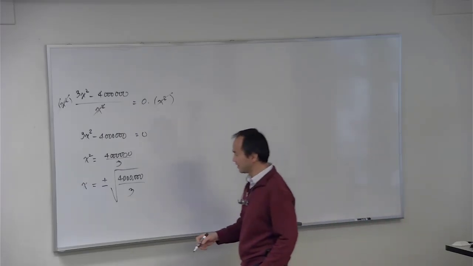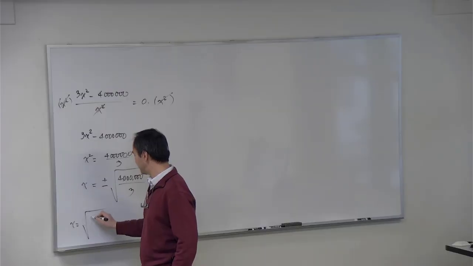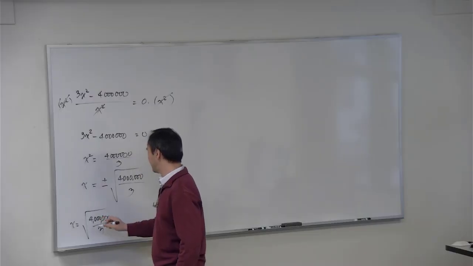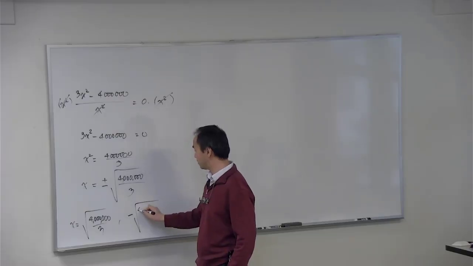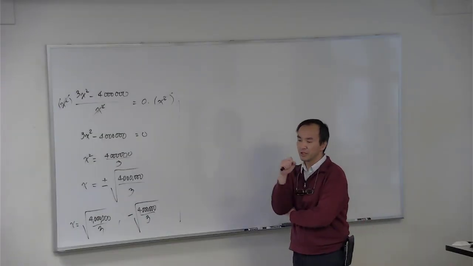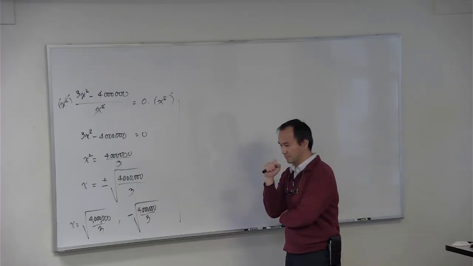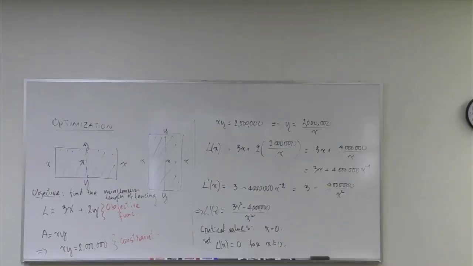So the way it's listed out, we got x equals a positive answer of positive square root of 4 millions over 3, and then we have negative square root of 4 millions over 3. So now with the 3 critical values, you guys think about it. Which one can we choose and which one can we not choose?